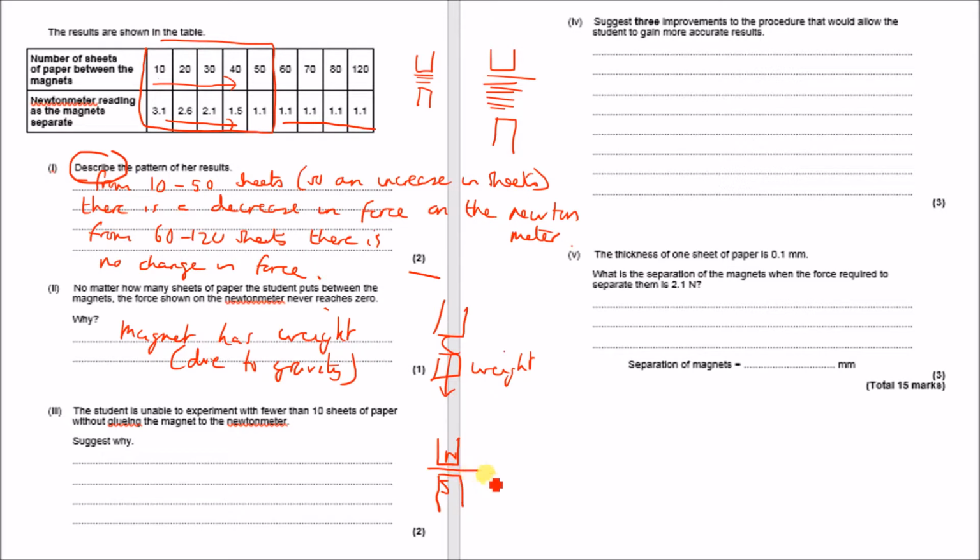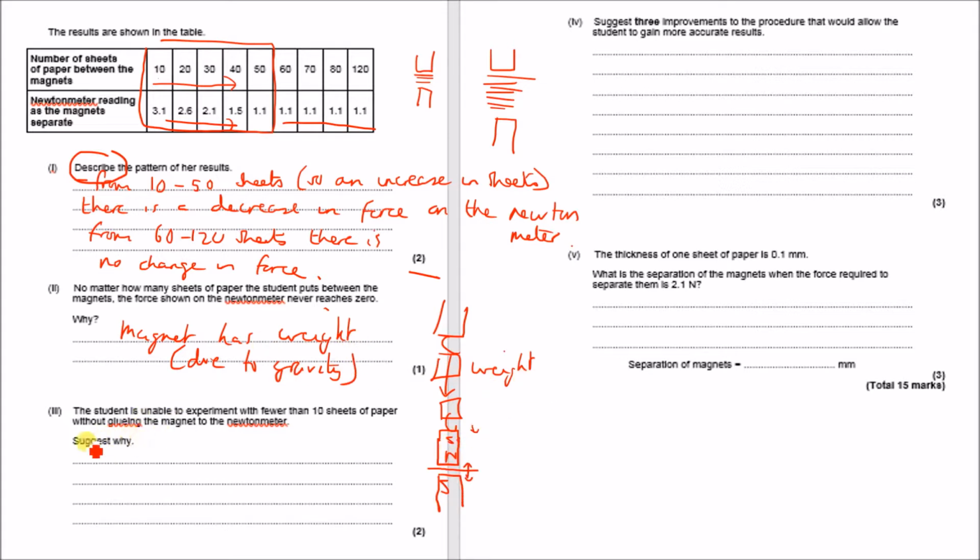So at very few sheets, you've got a really strong attraction. And because of this, it's going to be so strong that it's actually going to have a bigger force than the top magnet, if I just finish this off, and the hook, which supports it to the Newton meter. So if this force here is greater than the force actually holding it on the Newton meter, it's going to pull it off the Newton meter and it won't work.